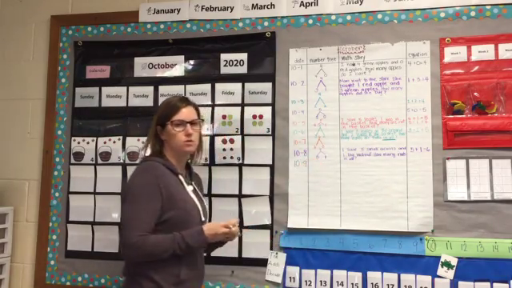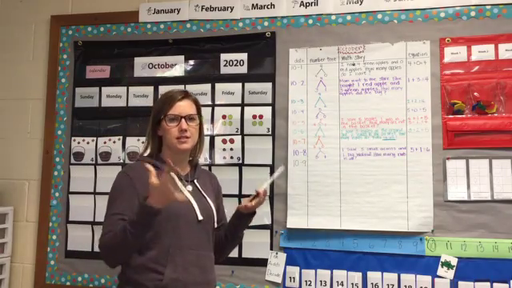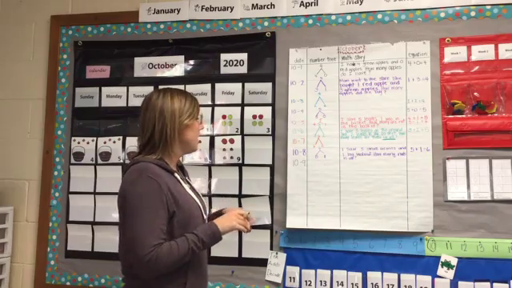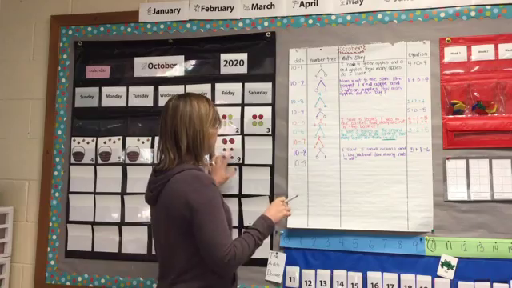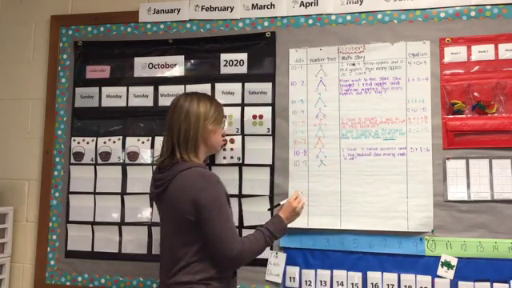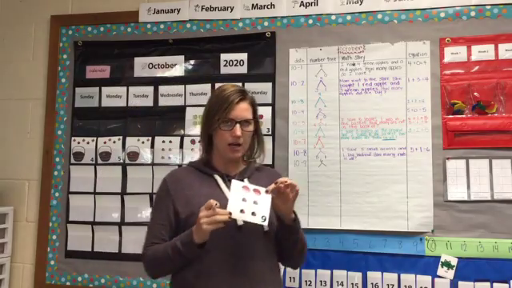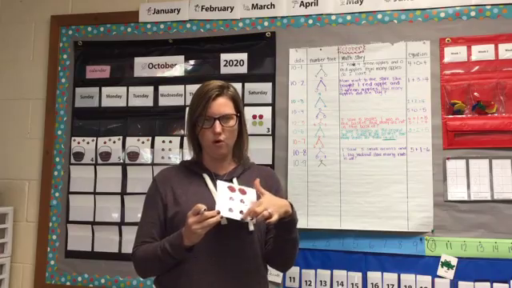October 9th, so 10-9, 10 because October is the 10th month of the year, and 9 because that's the date. So we still have 6 total nuts, okay? And now we have 2 walnuts and we have 4 acorns.